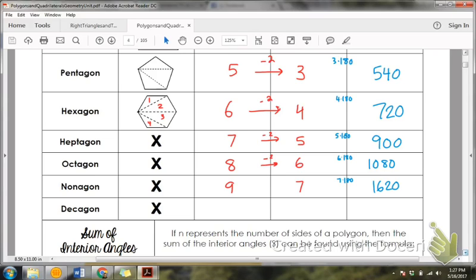And then we have a decagon. Deca is 10. 8 triangles. 8 times 180 is 1440.